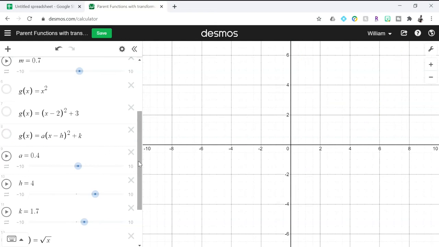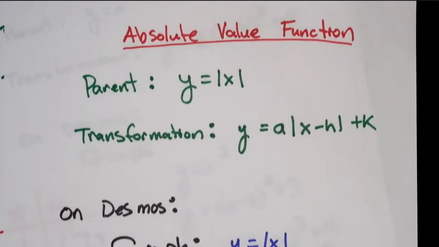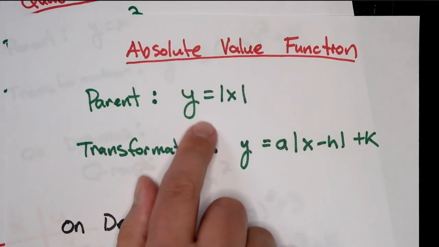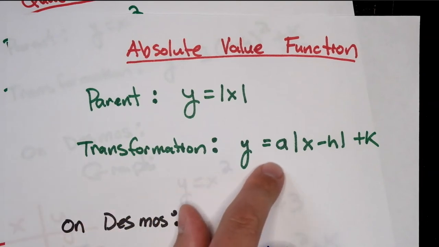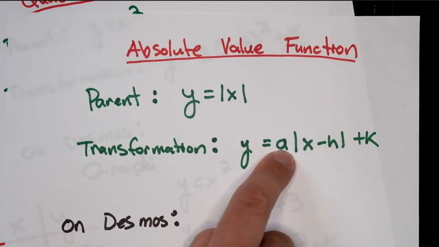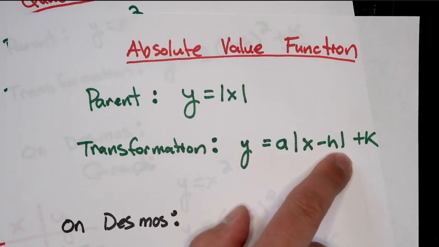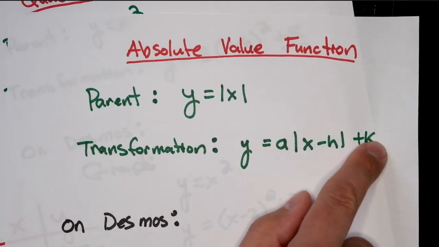Our next function we're going to look at is going to be the absolute value function. So our absolute value function looks like this right here. And so we write it out like this, y equals the absolute value of x. And then our transformation form is going to be, notice that a there again, x minus h, the h is there again, and then the k right here.